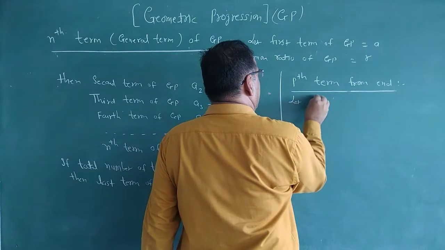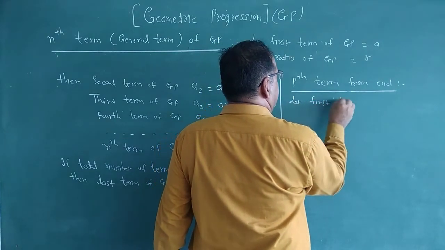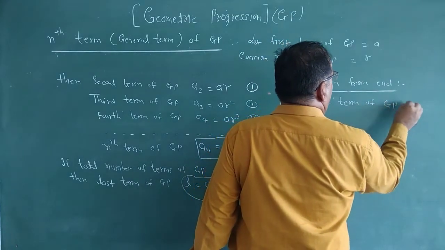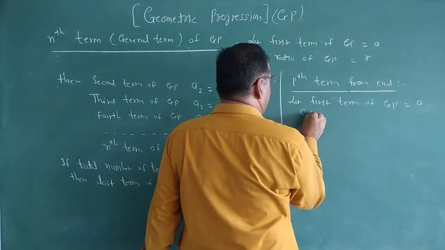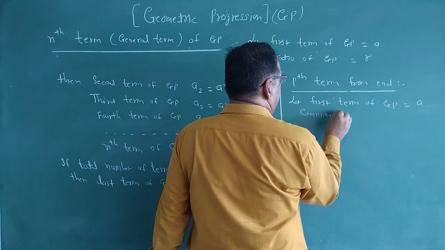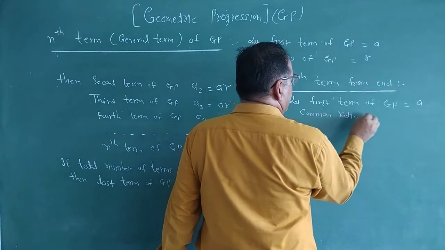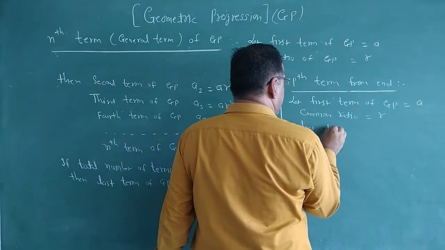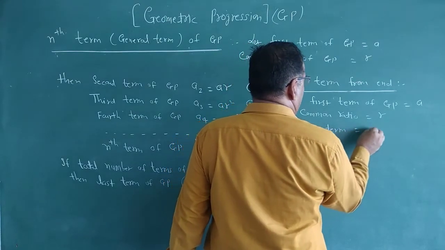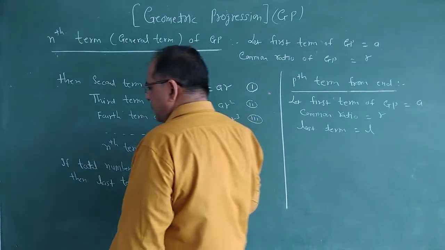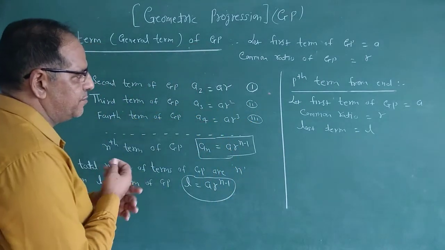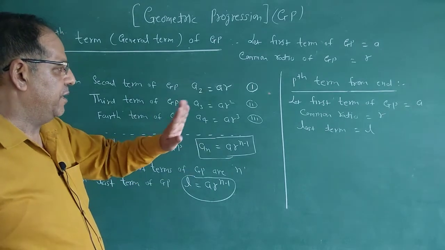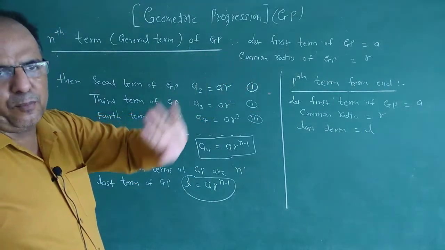Let the first term of GP equal A, common ratio equal R, and last term equal L. A GP is given whose first term, common ratio, and last term are given, and we want to find the pth term from last.